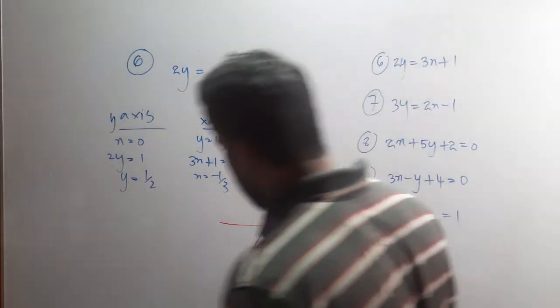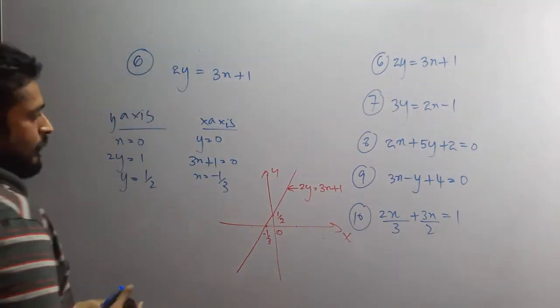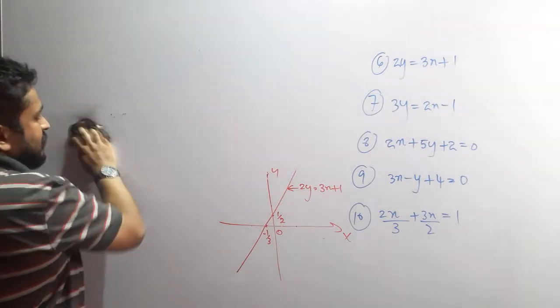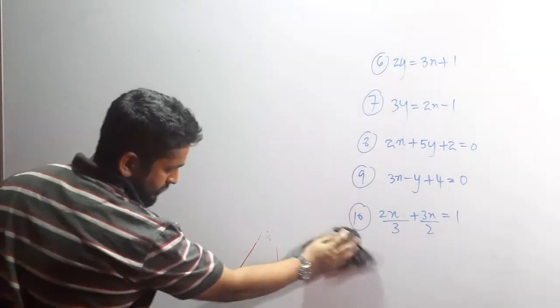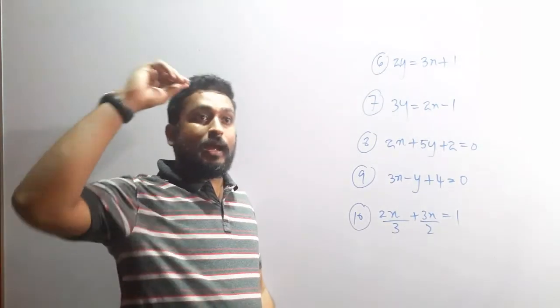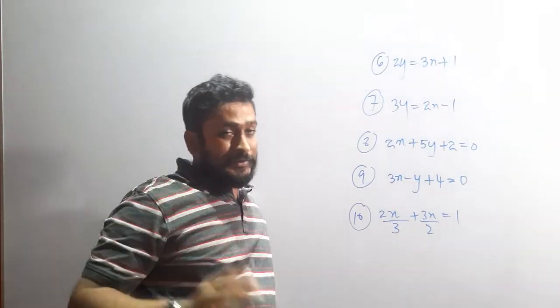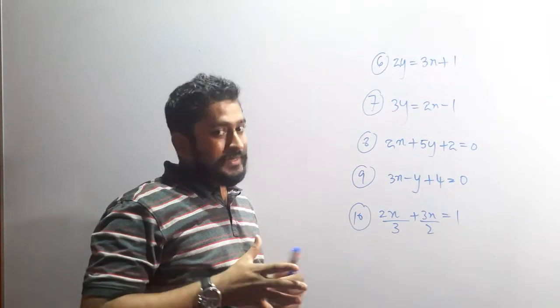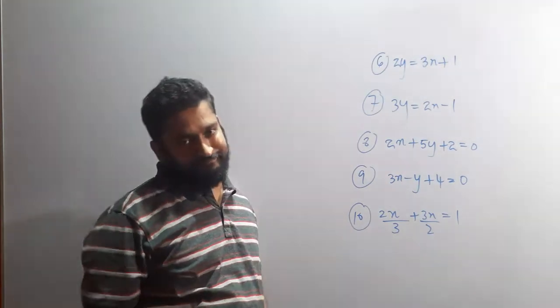Keep doing. I told you at the start of the session, this will be interesting. Yes, that is. Because in O level we made all the efforts to draw a graph, but by learning smarter here, we are sketching.